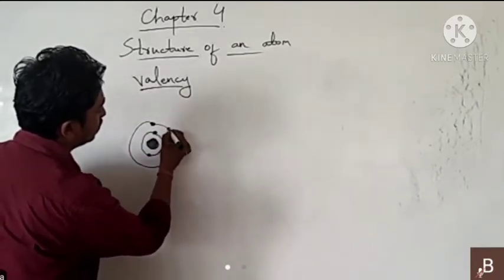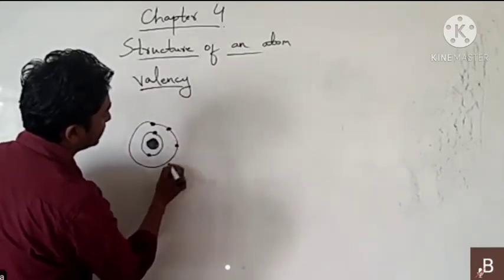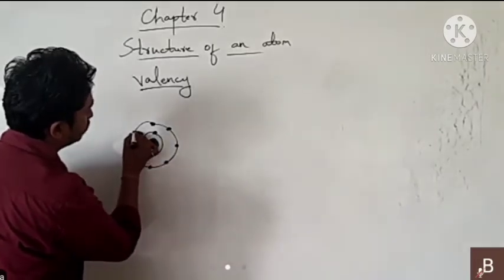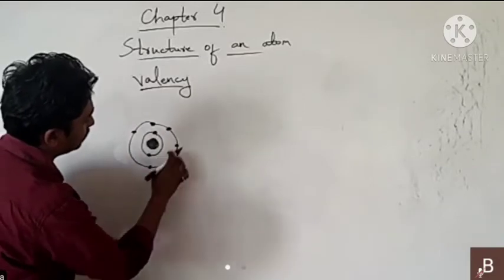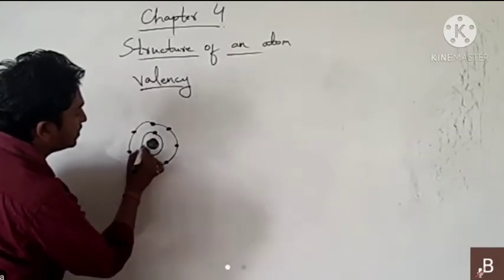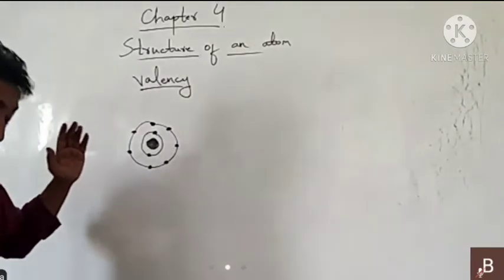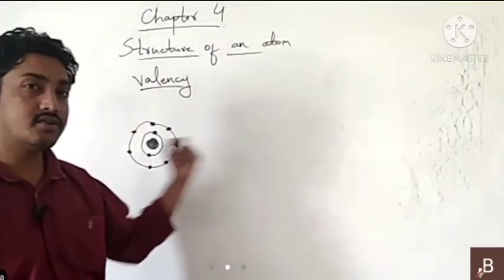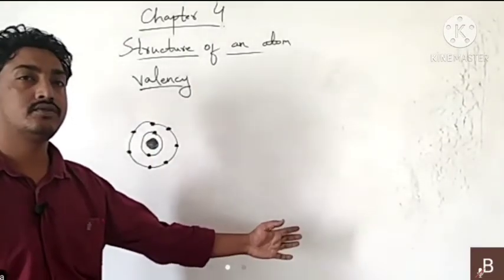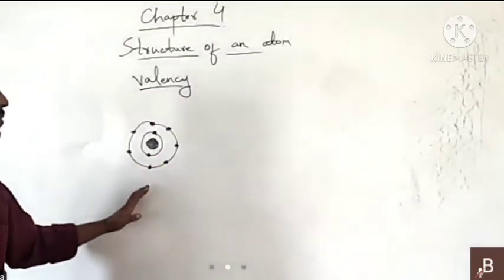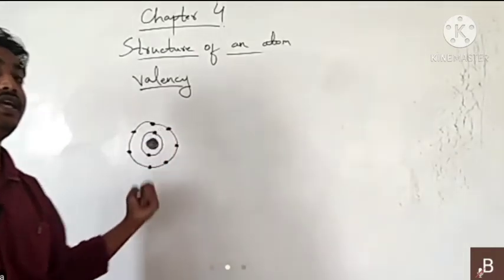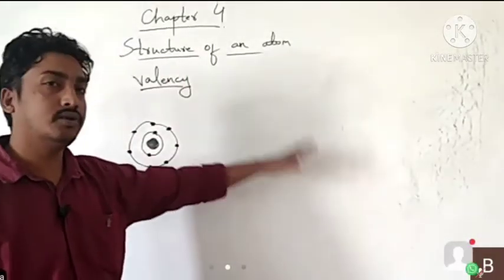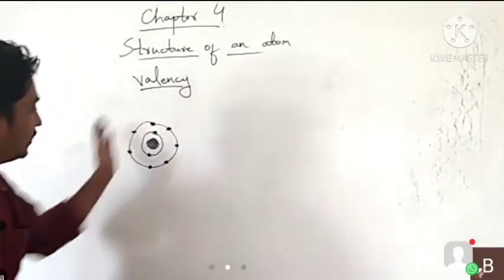So if an element has 7 electrons, what will this element do? Will it gain electrons or lose electrons? What will be easier for this element? It will be easier to gain an electron, because this element can't give 7 electrons to another element, so it will gain 1 electron.